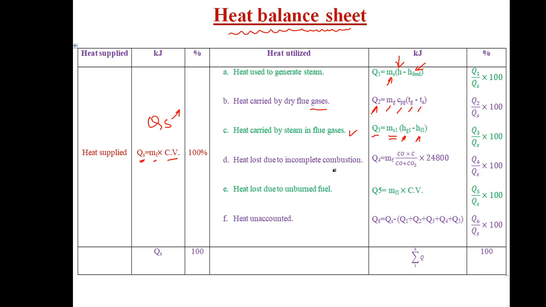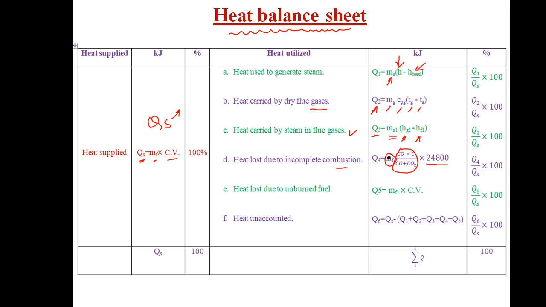Heat loss due to incomplete combustion. We can find it out if we burn a mass of fuel, for example 1 kg; out of that, this is the fraction of fuel which is burned into incomplete combustion, into 24,800, which gives the amount of heat loss due to incomplete combustion.